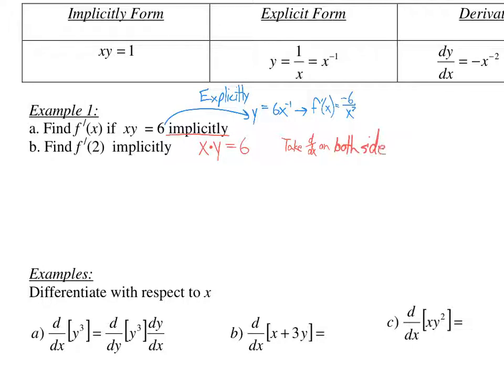So, the derivative with respect to x of the product x times y is going to equal the derivative with respect to x of the constant 6.